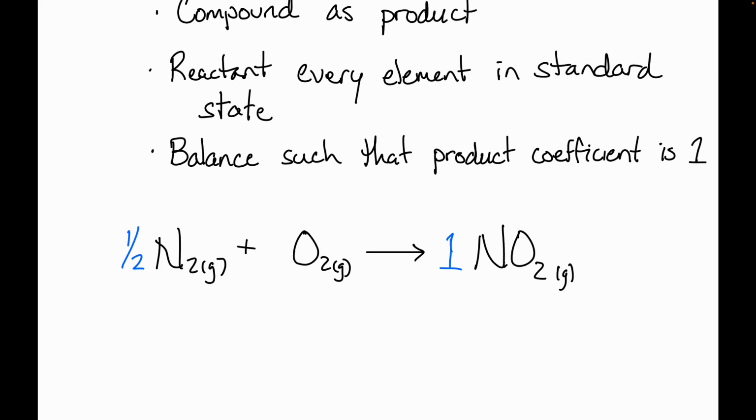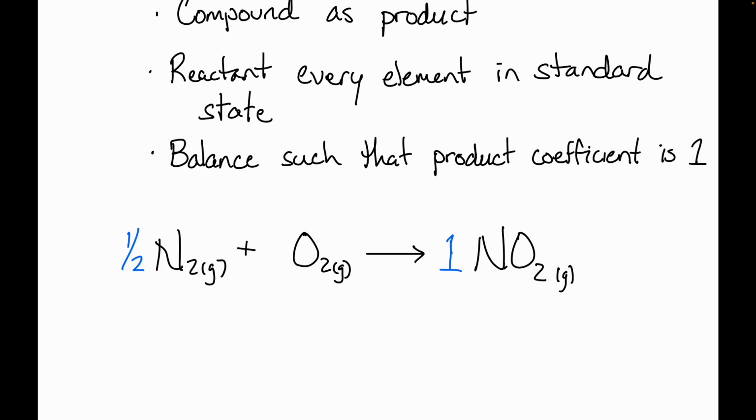Okay, actually I lied. First thing we're going to do is I want you to see if you can give me the formation reaction for another one of these compounds, N2O4 gas, dinitrogen tetraoxide.